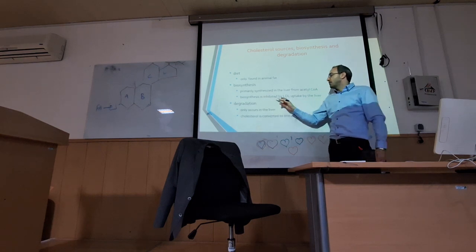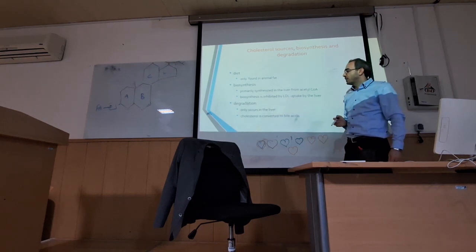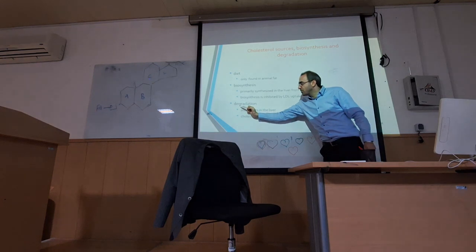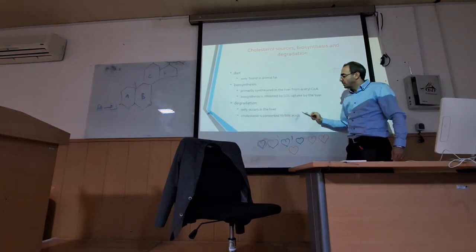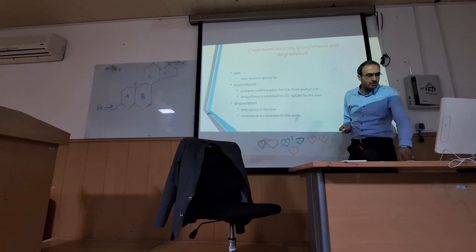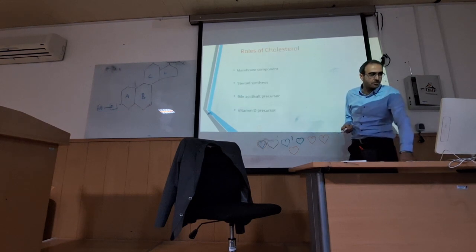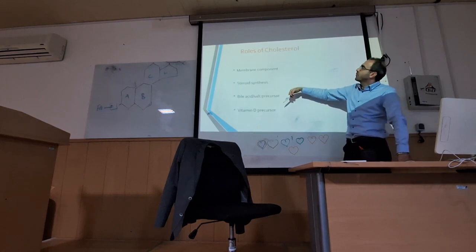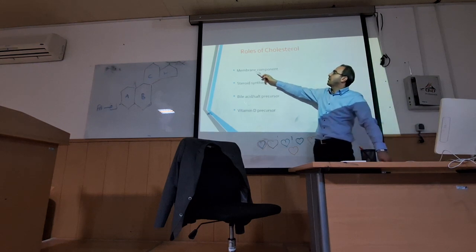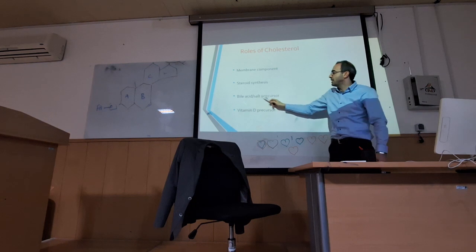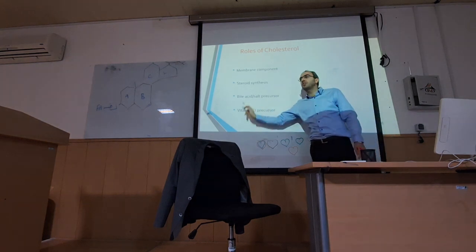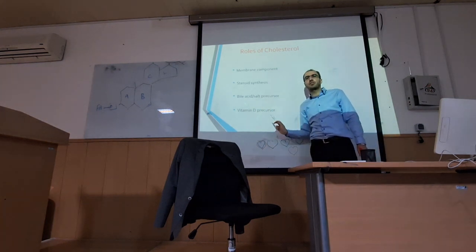Biosynthesis can be inhibited by LDL uptake, and the degradation just occurs in the liver and converts to bile acid or bile salt, which is the main product. As you mentioned, the roles of cholesterol are membrane component, steroid synthesis, bile acid salt precursor, and vitamin D, which you did not mention.